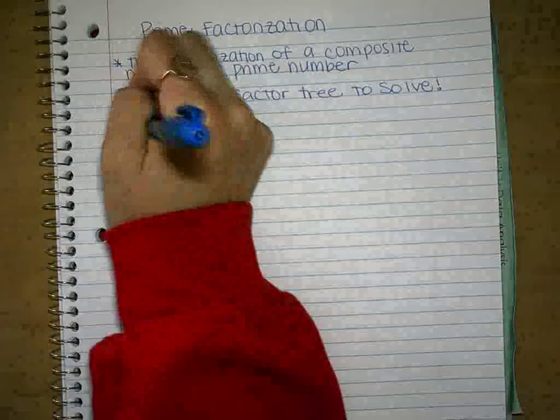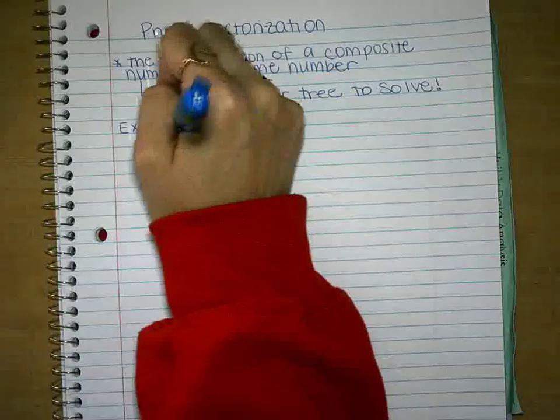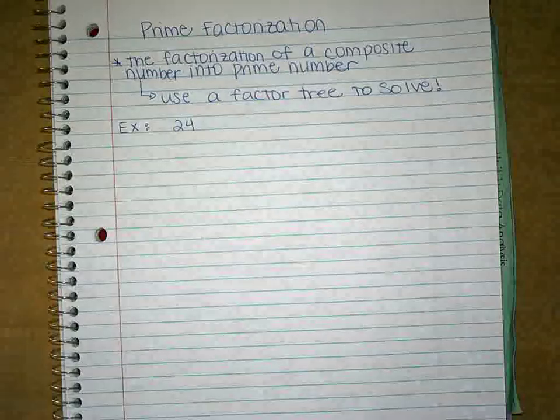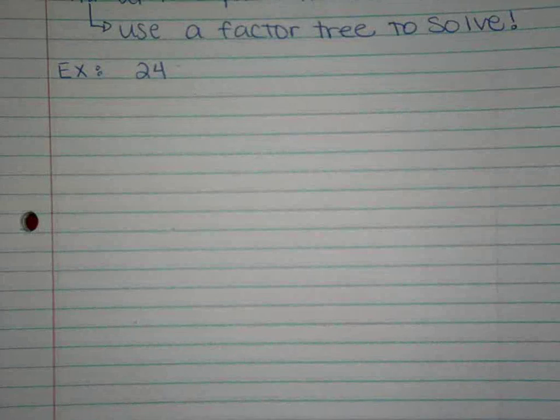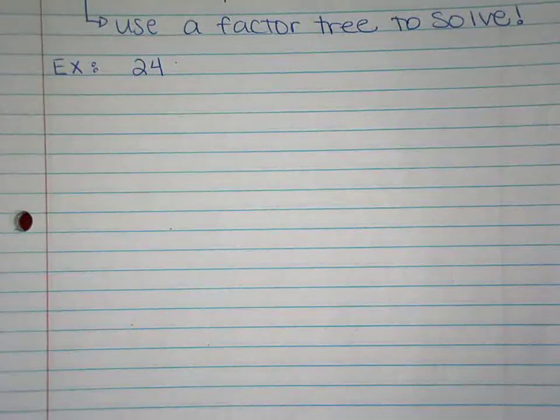Okay, so with this, our first example, let's say I have the number 24. What I'm asking you to do is I want you to take 24 and I want you to write it in its most prime numbers. So I'm doing a tree. So I ask myself, what times what is 24? It can be anything you want.